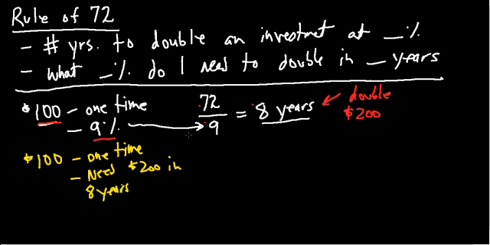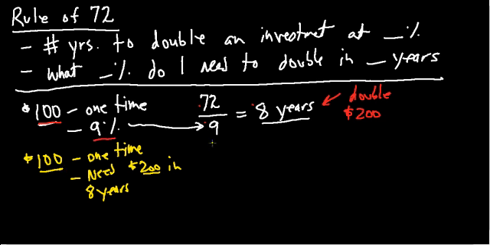Let's say you're going to buy a watch that costs $200, and you want to put $100 in the bank today and do nothing more, and you know that you're going to need $200 in 8 years to make that purchase. Your question is, how much interest do I need to earn on that $100 so that I don't need to put in any more money of my own in order to have $200 in 8 years?